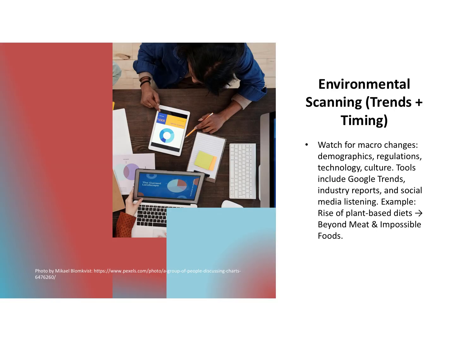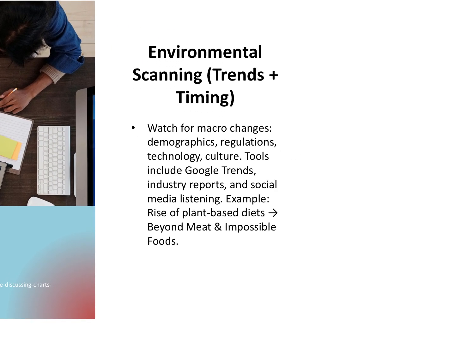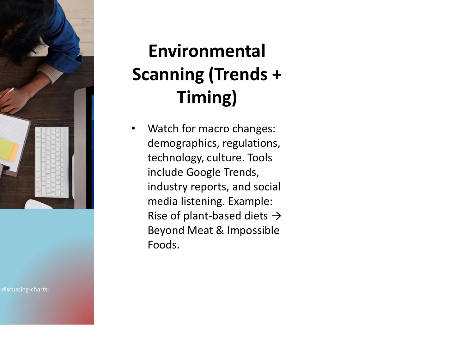Environmental scanning, trends and timing. If you are somebody who's really into technology, then look for macro changes: demographics, regulations, technology, culture. So you can do that by using Google Trends, reports, to some degree AI.